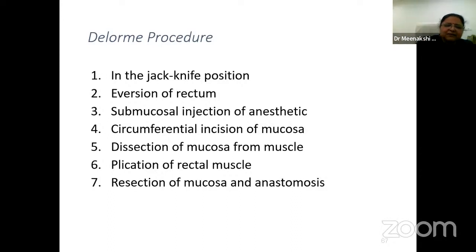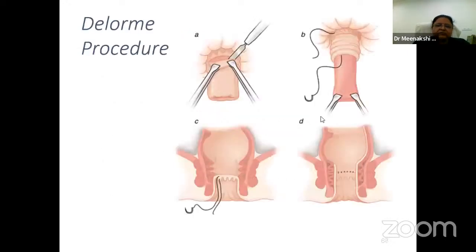So these are the various steps of how it is done. The patient is put in a jackknife position, eversion of the rectum, submucosal injection of the anesthetic drugs, circumferential incision of the mucosa. I will show you the intraoperative photographs. Then dissection of the mucosa from the muscle, plication of the rectal muscle, and the resection of the mucosa and anastomosis. Okay, so this is Delorme's procedure.